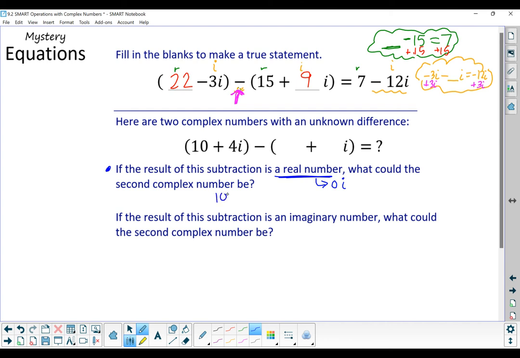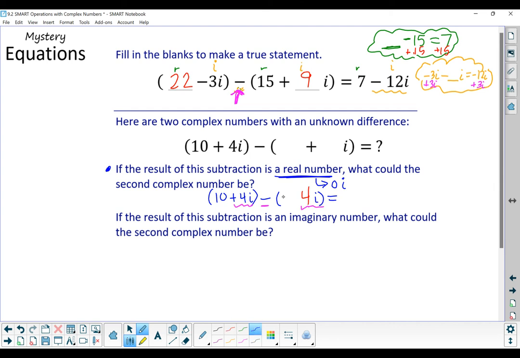Well, if we have our answer that's a real number, then the main thing that we need to happen is we need an imaginary part right here so that it cancels out. So I need to have a 4 there for sure. So 4i minus 4i gives me 0i.